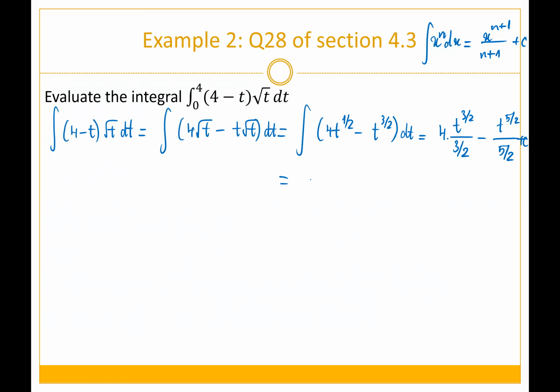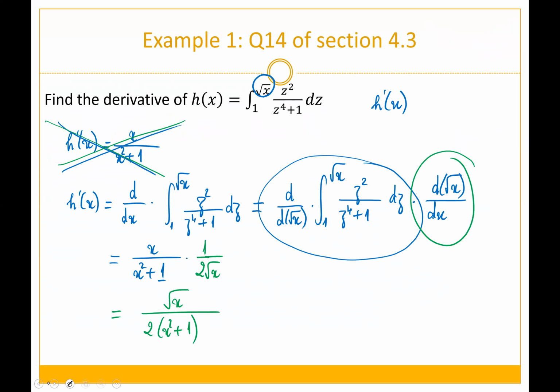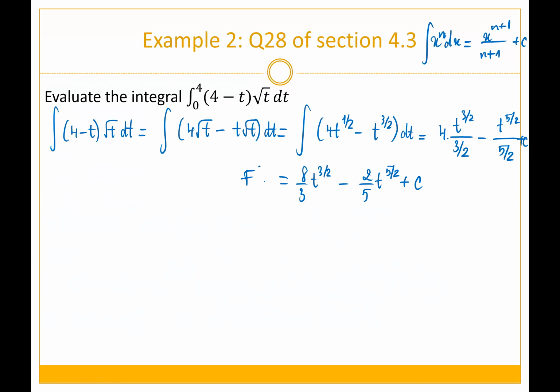And this one we have is 8 over 3 t to the 3 over 2 minus 2 over 5 t to the 5 over 2 plus c. So this one is what we call the function big F.